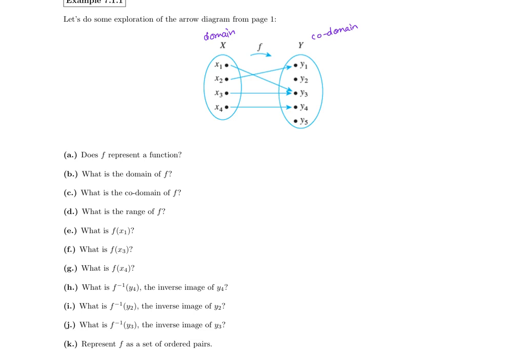That would be the set X, which is x1, x2, x3, and x4. That would make the codomain Y the set of elements y1, y2, y3, y4, and y5.